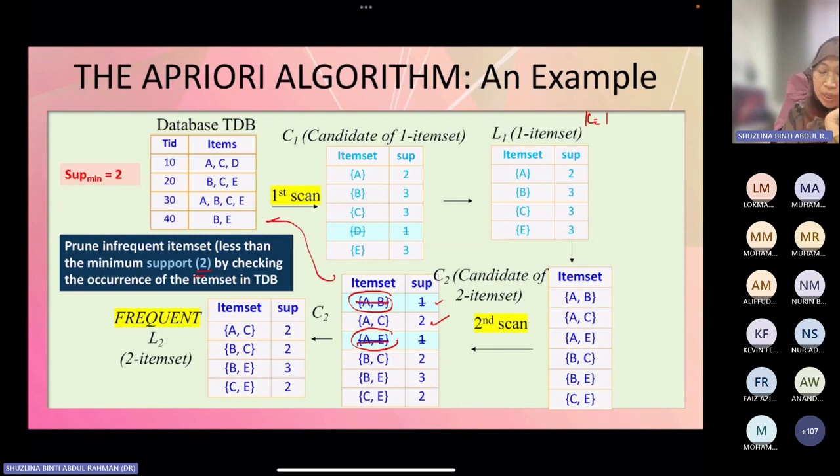This will produce the frequent L2, which means the frequent itemsets with k equal to 2, such as A and C. So we have generated the frequent patterns for k equal to 1, and this one is the frequent pattern for k equal to 2.